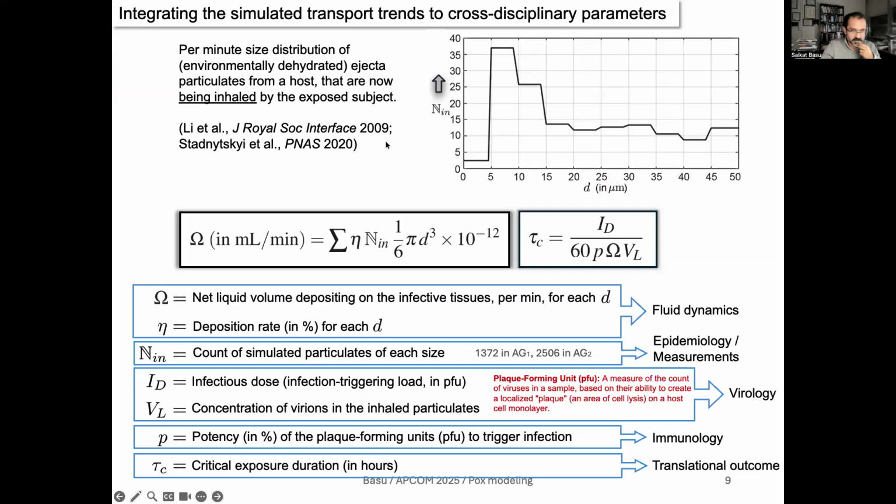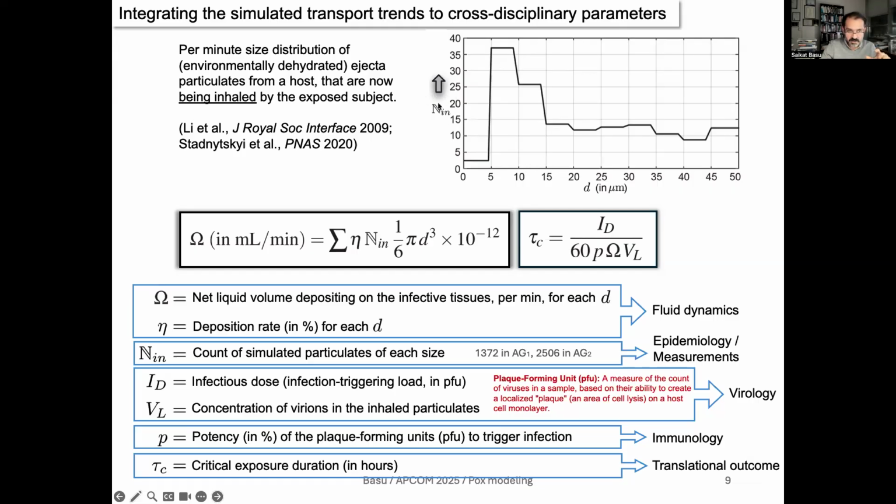So from this paper, if we process the data, we find this plot which gives the count of particulates of each size that after being expelled got dehydrated because of environmental dehydration and are now being inhaled by the exposed subject. So this gives the counts of particulates of each size inhaled in each minute of exposure.